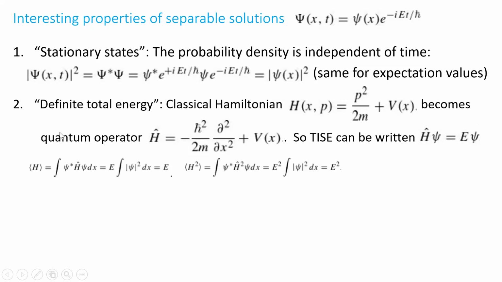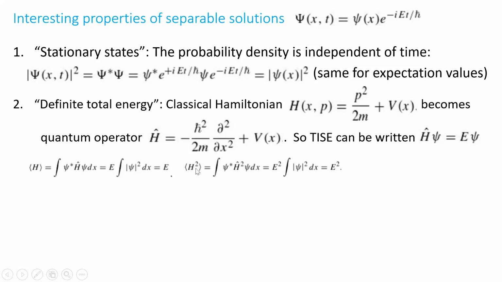And then we can look at a couple of expectation values. The expectation value of H, the energy, would be the integral of psi star H operator psi dx. But H psi is just E times psi. So this becomes the integral of psi star psi, which is psi squared, and the integral of that is 1, so we just get E. So the expectation value of H is just E, which is maybe not too surprising, but we've just verified it here.